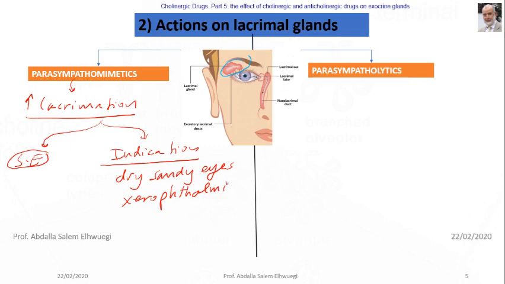Xerophthalmia can take place during Sjogren's syndrome, as we have said earlier.